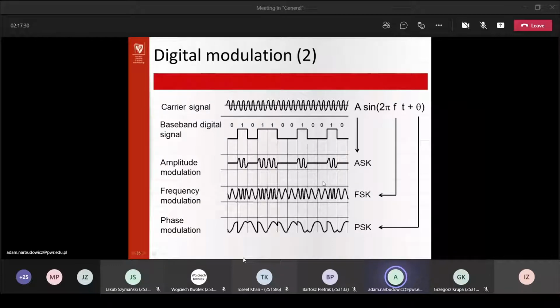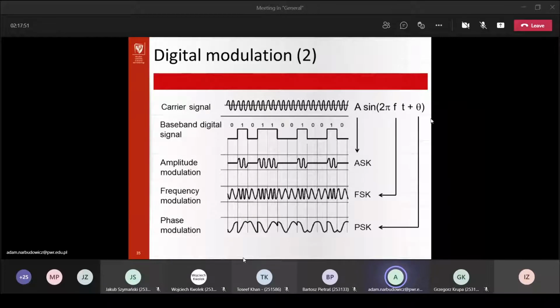Changes of that kind of static phase shift can actually encode information. And the advantage of using this phase shift is that it does not require the change of your frequency.